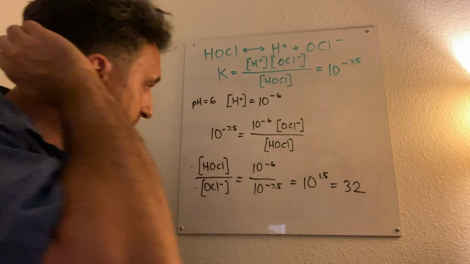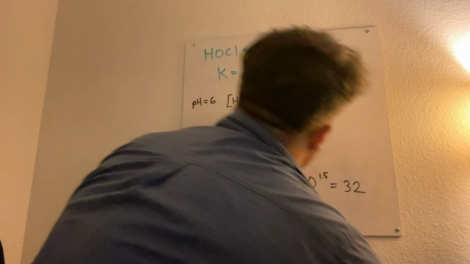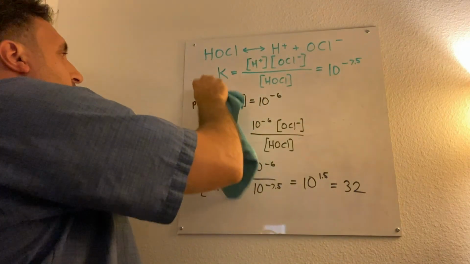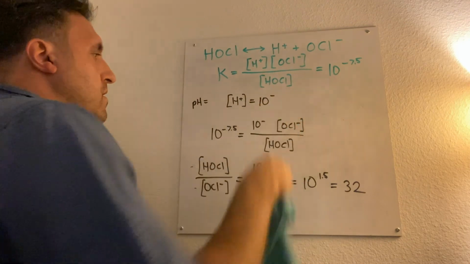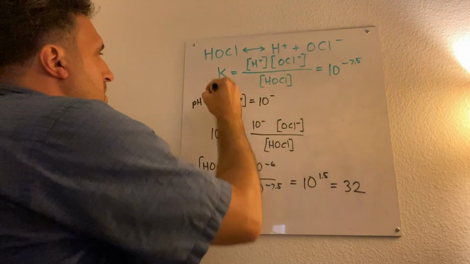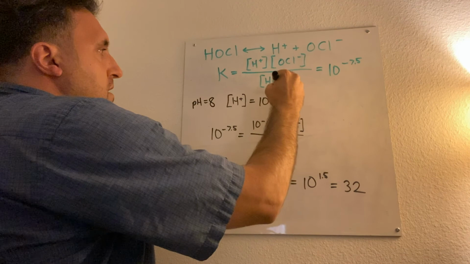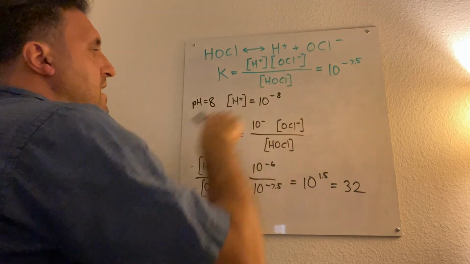Now for part B, we want to do that same problem, except looking at a situation where pH is equal to 8. So if pH is 8, then H+ is equal to 10 to the negative 8th.